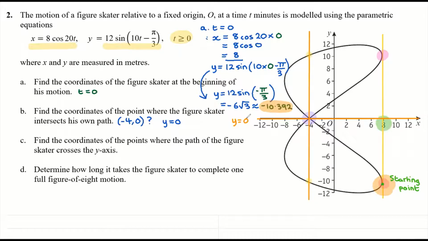So we have 3 points of intersection when x is equal to negative 4, but only 1 point of intersection when y is equal to 0. So if we set y equal to 0, we should just get that key point, and then we can generate the x coordinate from that and hopefully verify that it is indeed negative 4. So we're going to do that next.